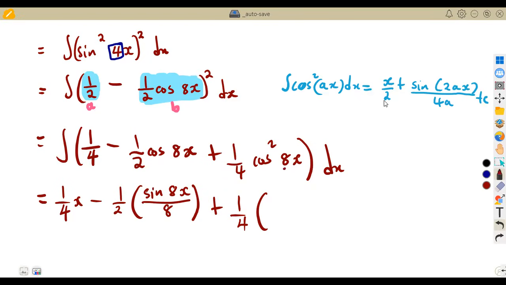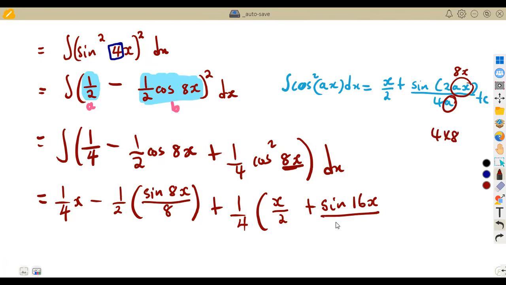So it's going to be x over 2 plus sine 2ax. Our ax is 8x, so it's 2 times 8, which is 16. So it is going to be sine 16x, everything over 4a, which is 4 times 8, which is 32.